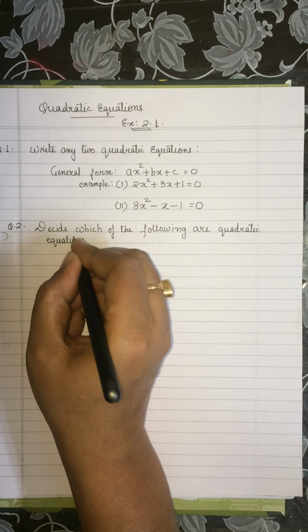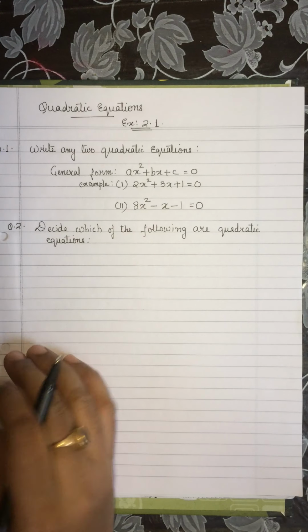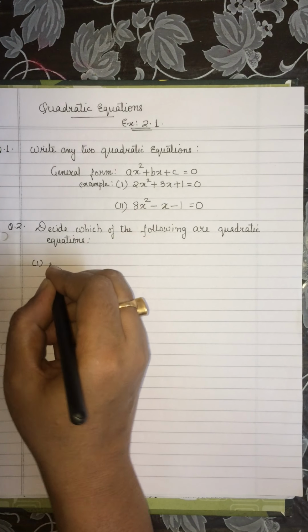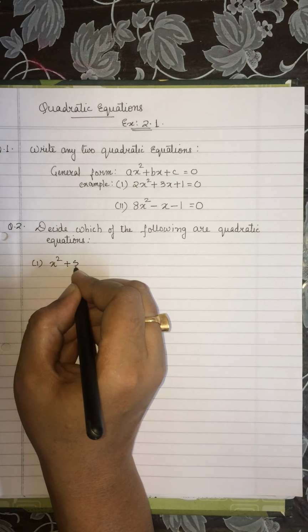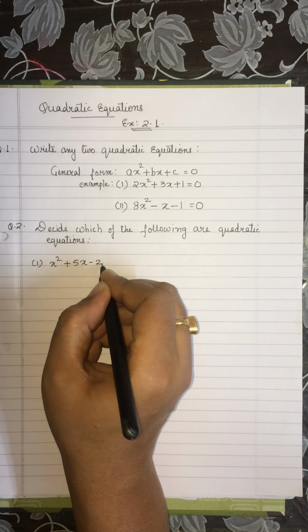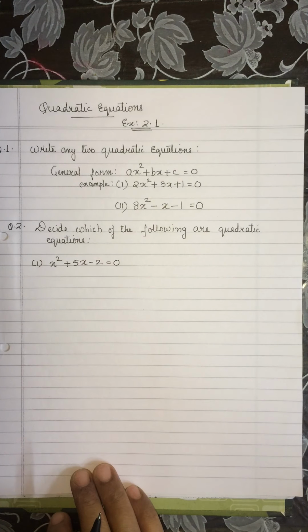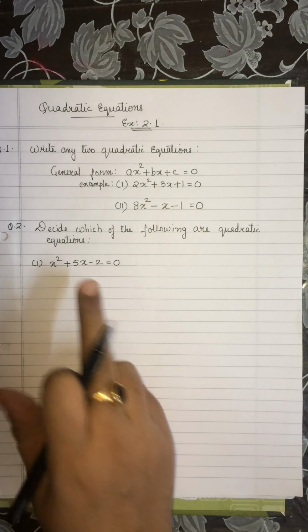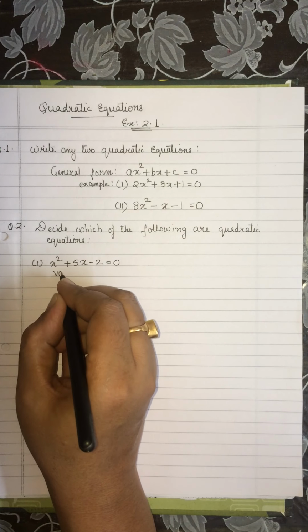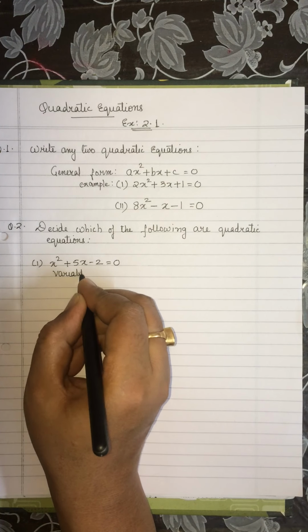So let us take the first equation as x square plus 5x minus 2 is equal to 0. In this equation the variable is x.